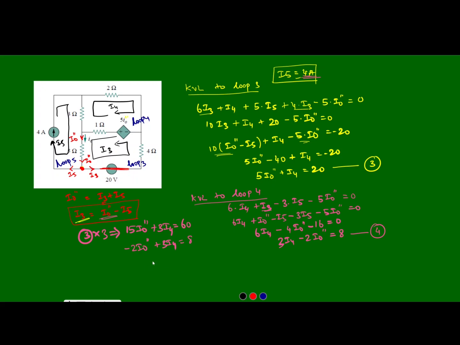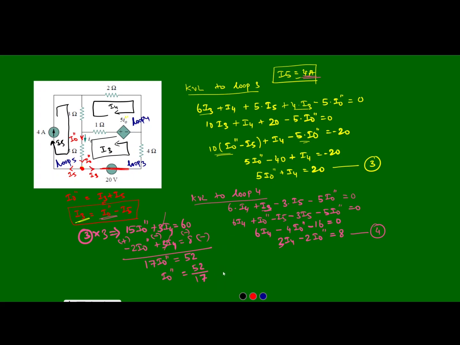Now we need to subtract the equations. On subtraction the sign will change like this. So it will become 17 I0 double dash, and this 3 I4 minus 3 I4 will get cancelled out, and the remaining will be 60 minus 8 which is 52, and I0 double dash will become 52 by 17.